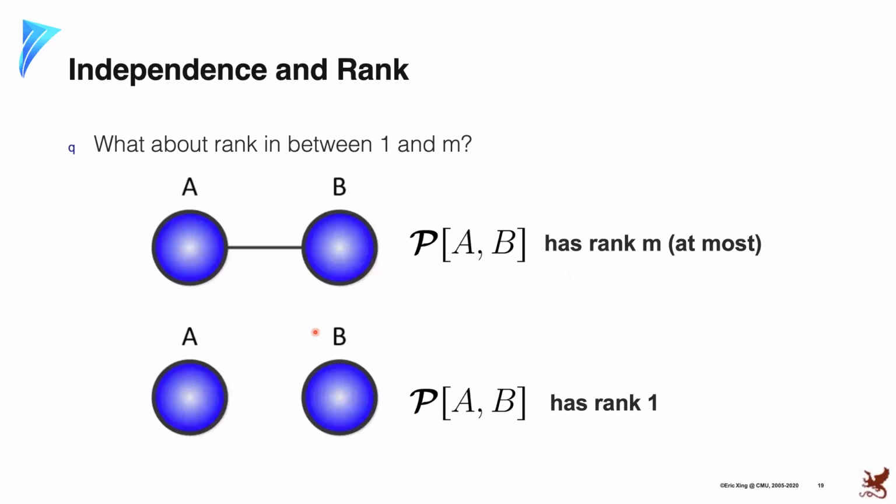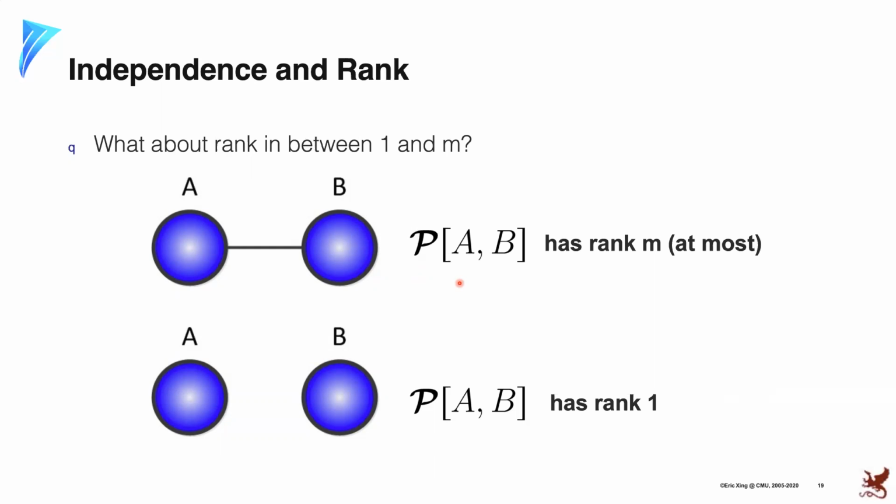Also, from our previous discussion, if this m by n matrix has rank n, it corresponds to these two variables being fully dependent on each other.